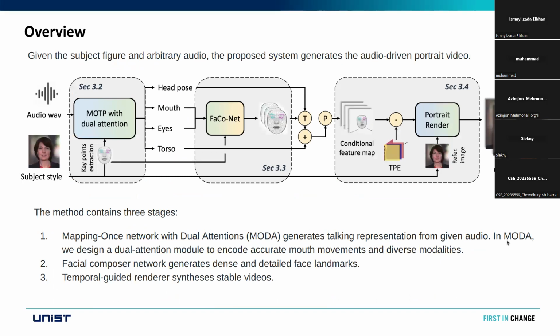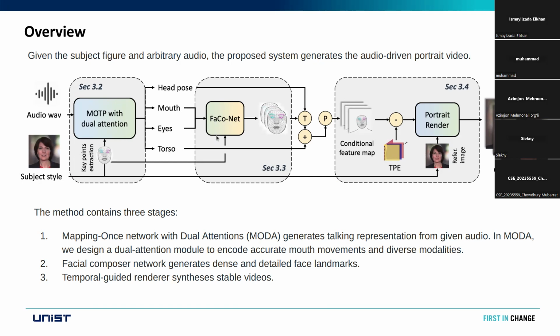The overview of this model. First, we have MODA. We give audio and the subject, and here we extract facial key points using another pre-trained network. Then we have MODA, the dual attention network, and it produces head pose, mouth, eye, and torso.